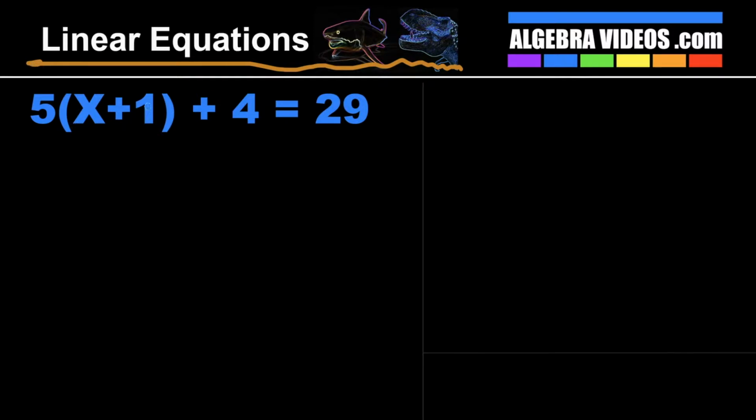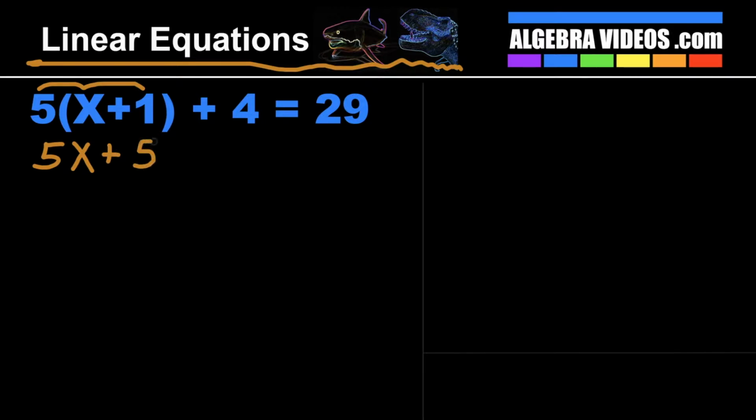The first thing is we'll just simplify anything inside the parentheses, but there's nothing to simplify. You can't simplify x+1 anymore. So the next thing we'll do is we'll just multiply through the 5 times x and the 5 times 1. So 5 times x is 5x. And then 5 times 1 is 5.